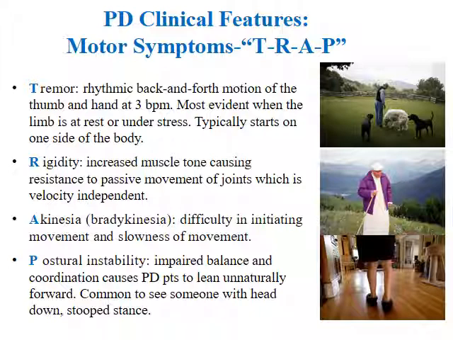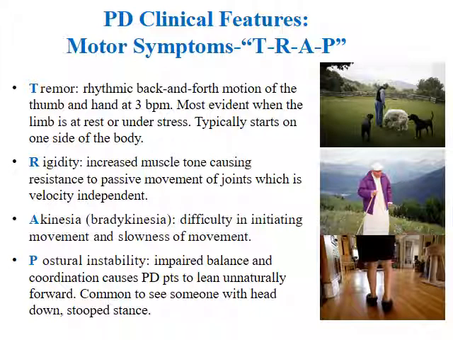A stands for akinesia, interchangeable with bradykinesia or hypokinesia. It's the difficulty of initiating movement and the slowness of movement. It's the key part of Parkinson's disease. P stands for postural instability, the impairment of balance and coordination that causes Parkinson's patients to lean unnaturally forward.